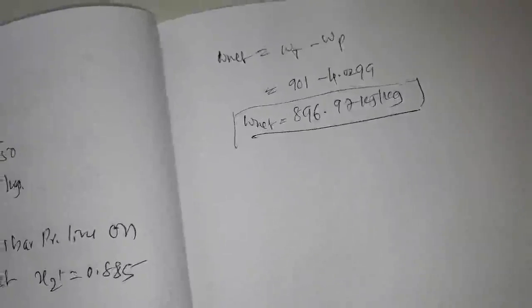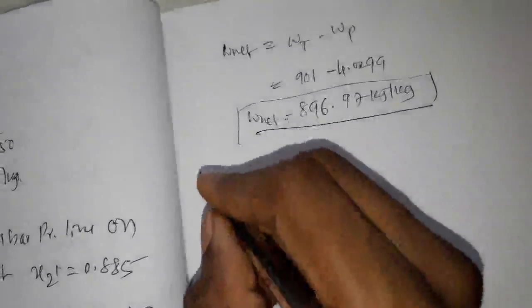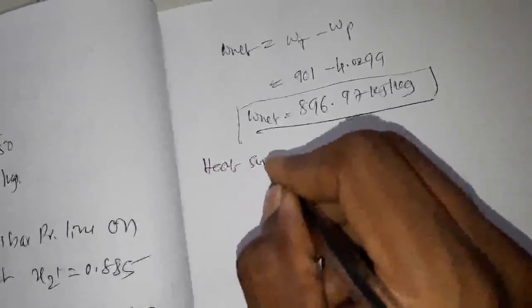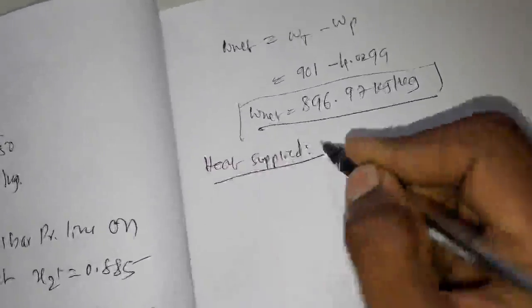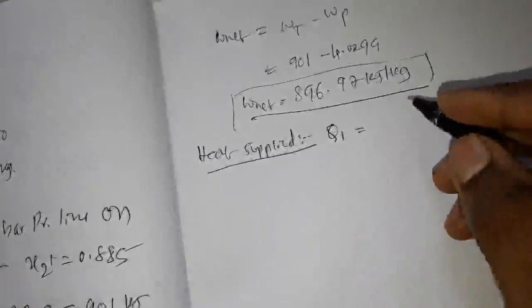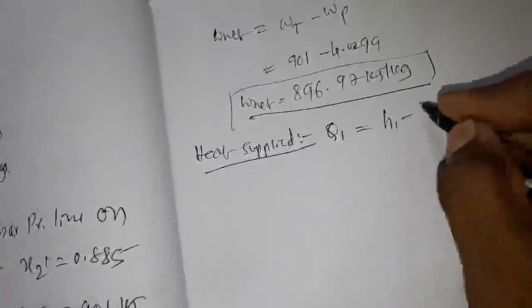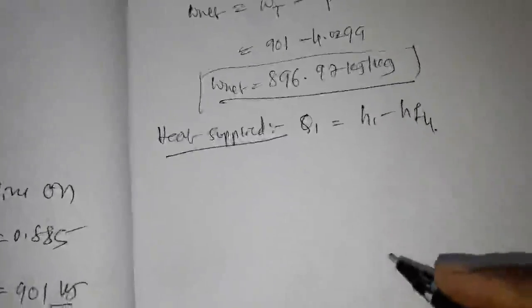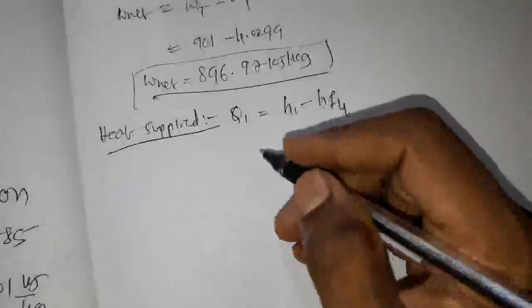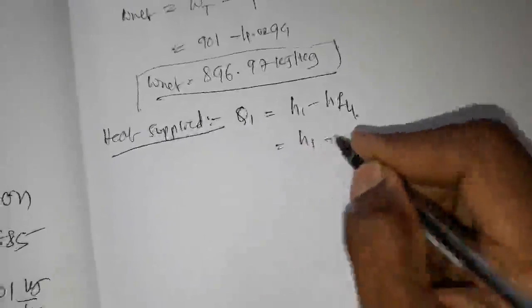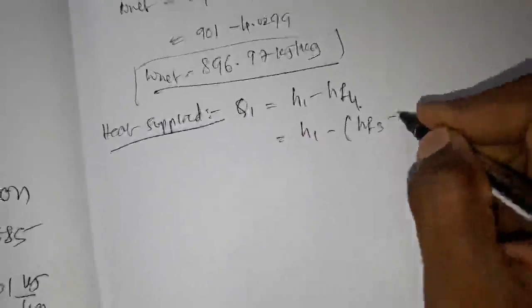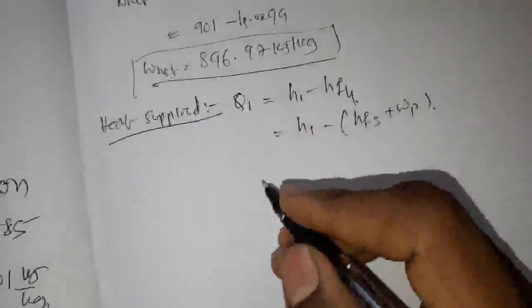Now here we are also supposed to calculate the heat supplied in the cycle, Q1. Q1 is given by H1 minus HF4. I can write H1 minus HF3 plus WP.